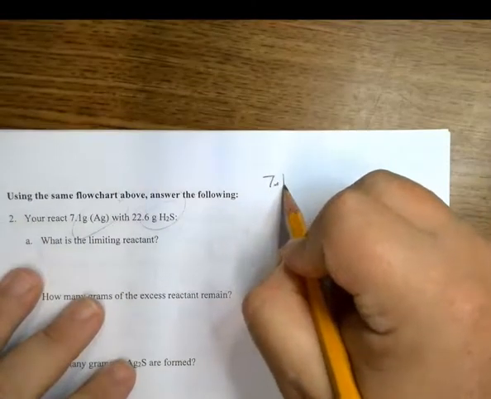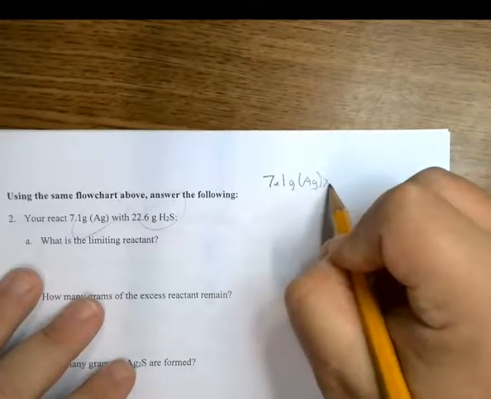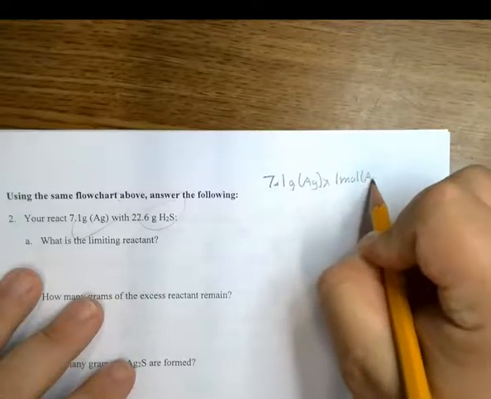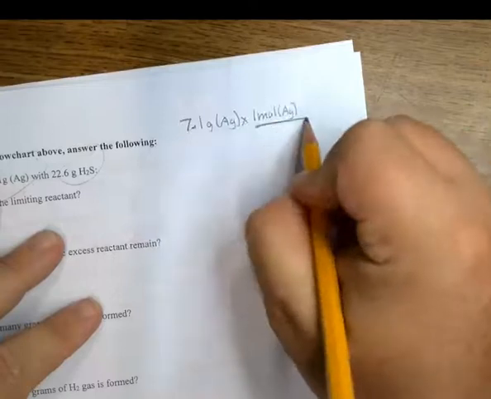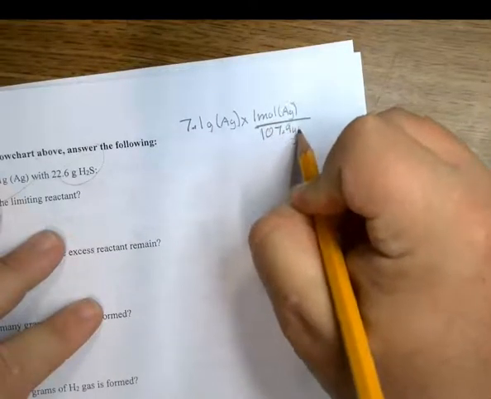So over here on this side, I'll just find some space. So 7.1 grams of silver times 1 mole of silver for every, and use your molar mass conversion here, 107.9 grams of silver.